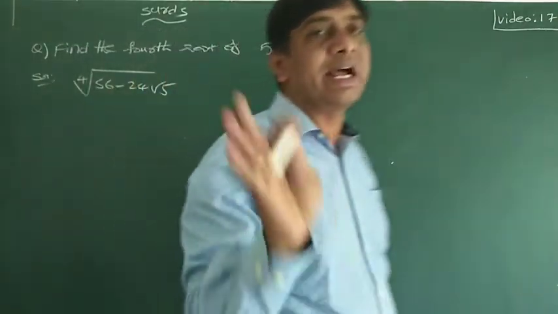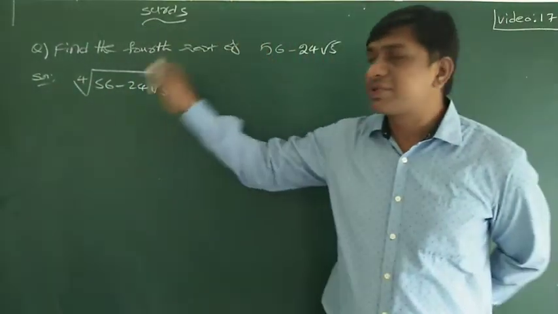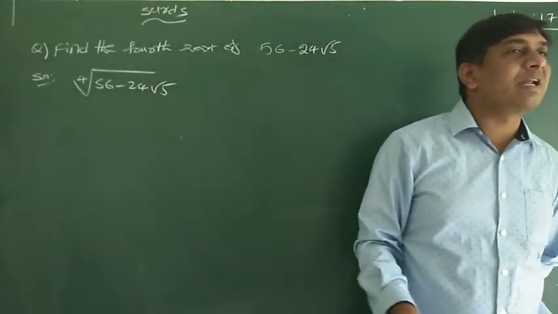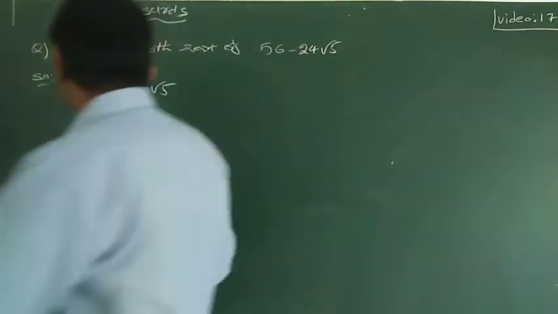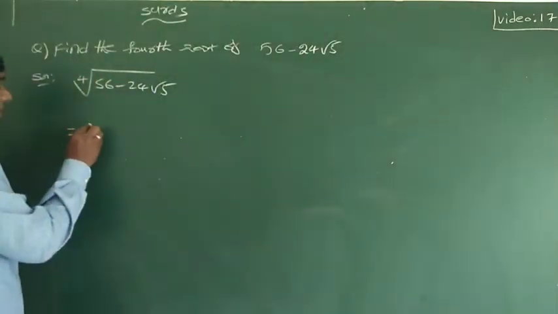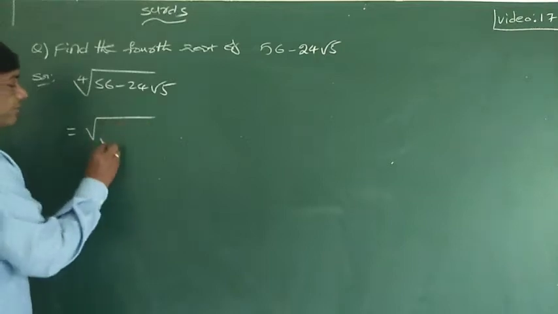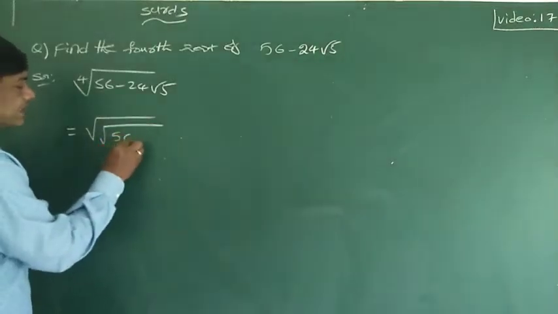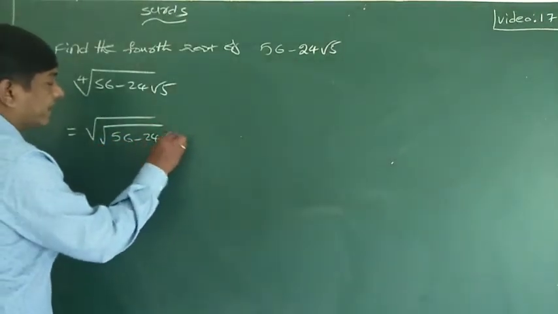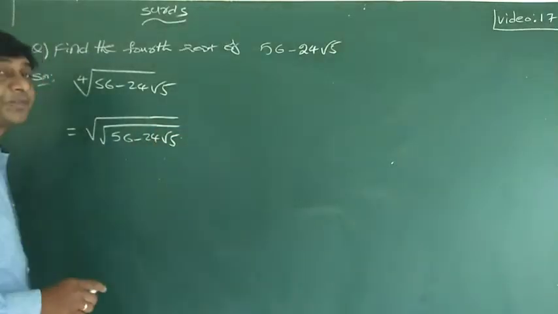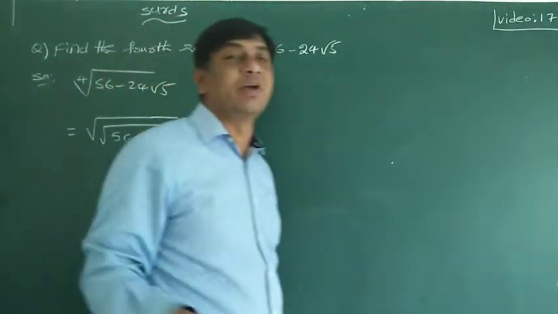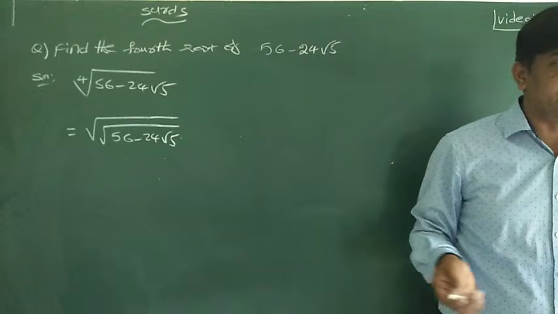I don't have a direct procedure to find the fourth root of a surd. So I will write this as the square root of the square root of 56 minus 24 root 5. Why am I writing the square root? Because I know the procedure to find the square root of a surd.